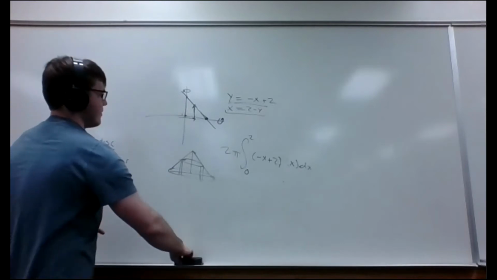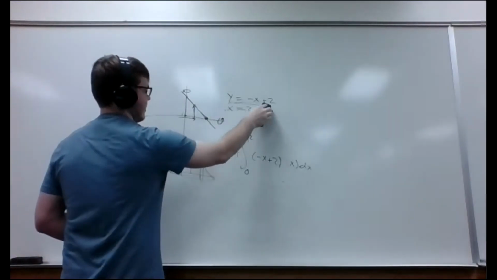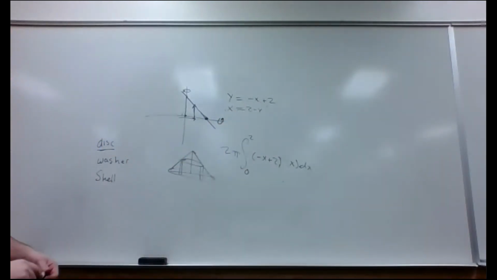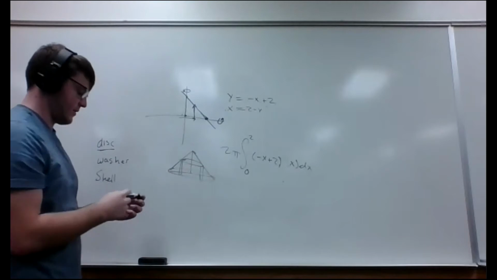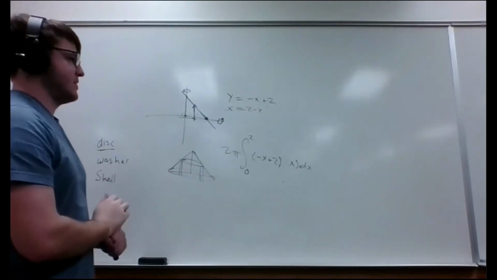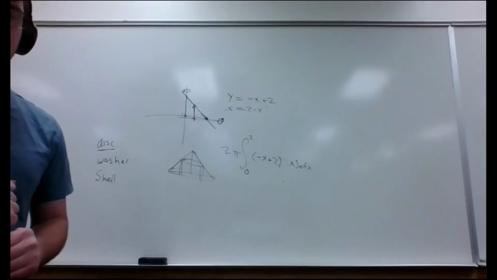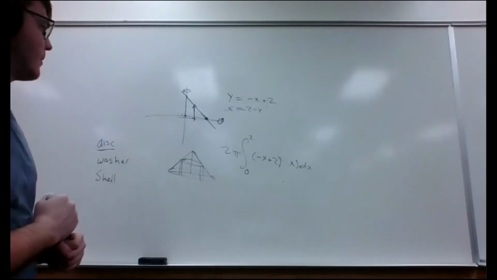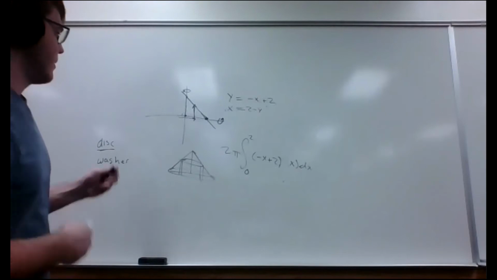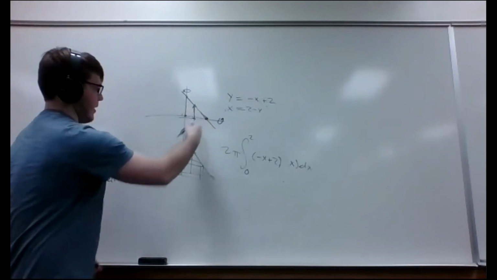But the shell method, I think, is my favorite. It looks a lot cleaner, and they're easy integrals to do. Are there any other questions you guys have about this? So if we're using the shell method and we're doing it across the x-axis, it'll always be in y variables? Yeah, it's going to be the other way around.